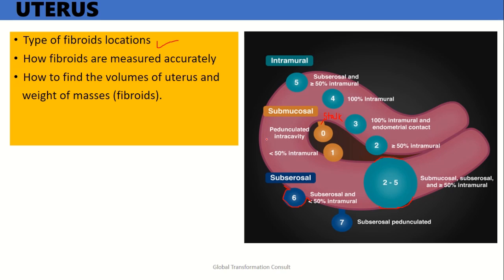And the other ones are submucosal fibroids. Those are protruding on the endometrium, invading the cavity. This is subserosa, submucosa, and this is equal to 50% intramural.